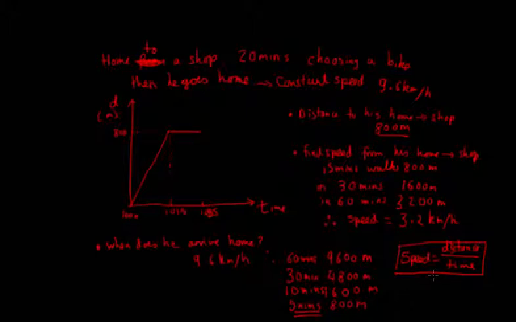I think it's a far better way of doing it than all this. This is the physicist way of doing it, and I'm not sure why they're not teaching it in this textbook. So the last thing we want to do is complete the graph.